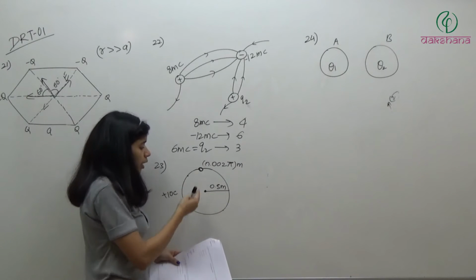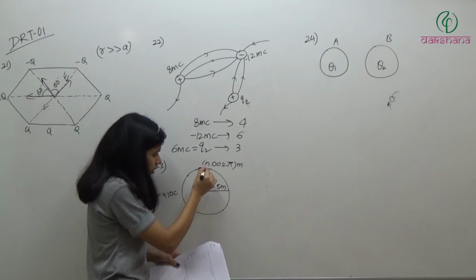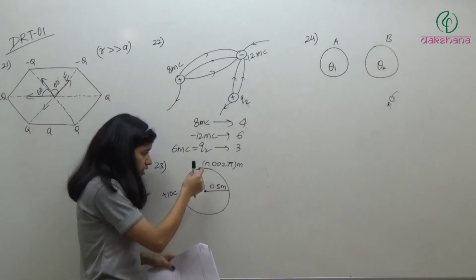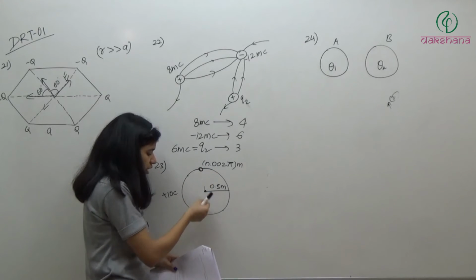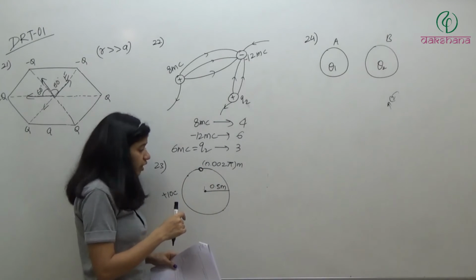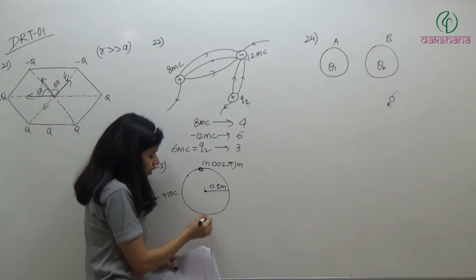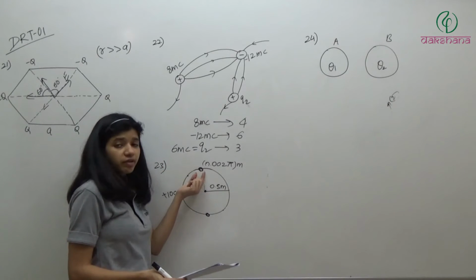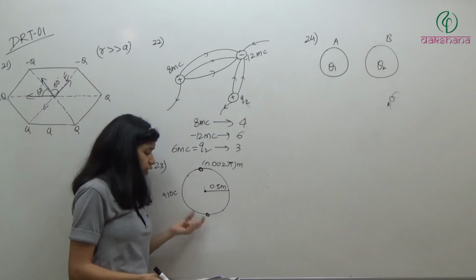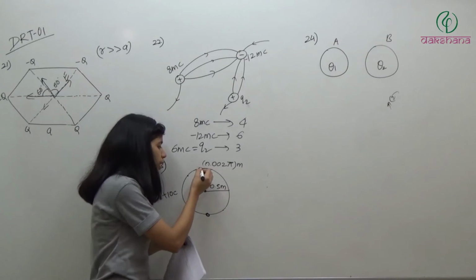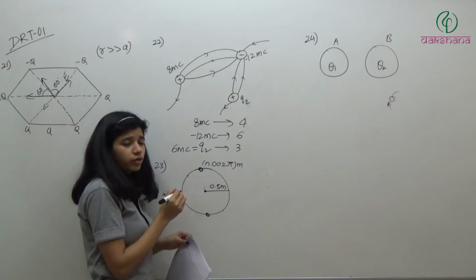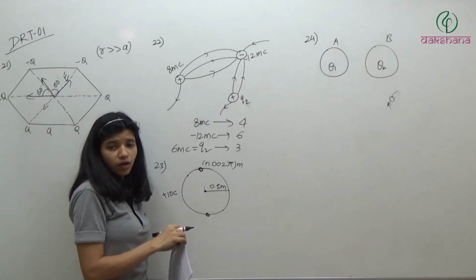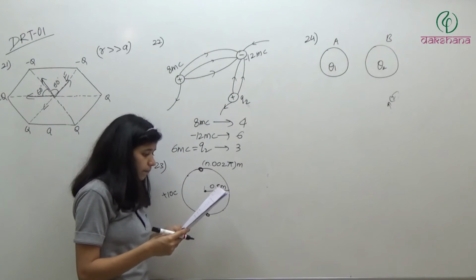Now what will happen? Because of the parts which are here, the exactly opposite part will cancel the electric field. This will have some electric field, and this will have an equal and opposite electric field. But for this part, there won't be any field or any charge which will be able to cancel its effect. So because of this gap only, we are going to have some net electric field at the center, correct?